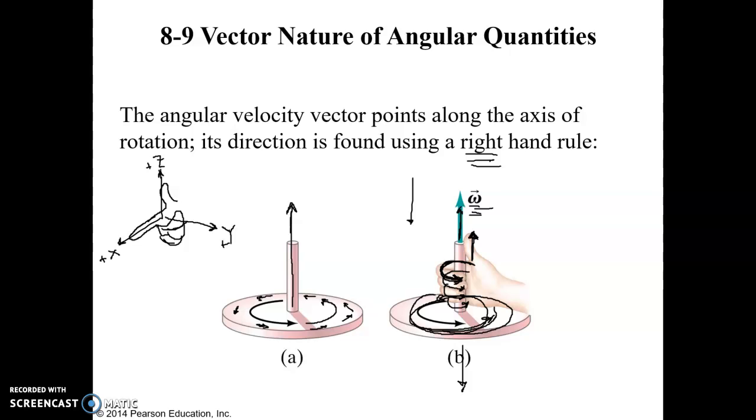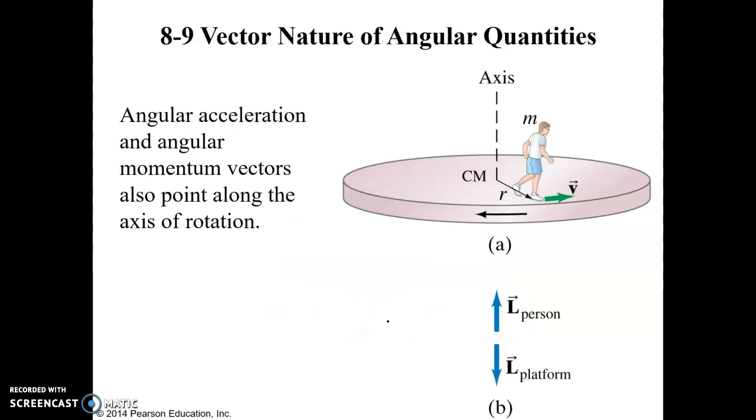So let's go on to another image here that might help describe this a little better. If we look at the person here, this is kind of like a giant disc-shaped treadmill. The person is going around in this direction. When we look down on him from above, he appears to be going counterclockwise.